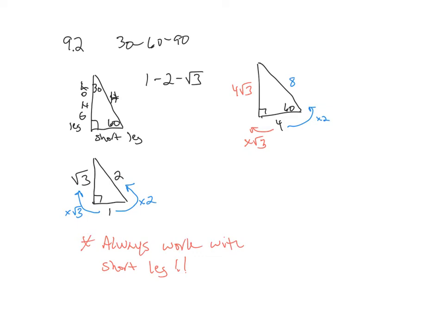If it was 7, then this is 14, and 7 square root of 3, times 2 and times square root of 3. Okay, so that's the easy version of the problem. When you have the short side, that's the best case scenario. So from the short side, it's times 2 and times the square root of 3.